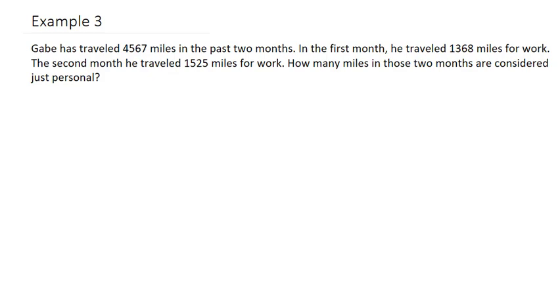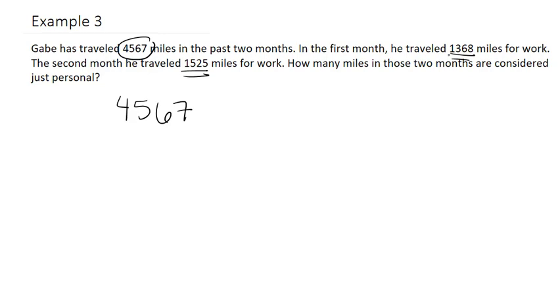So for this problem, let's set it up. We have the total miles, and then we need to subtract the next 2 miles because both were for work, and we're trying to figure out what was just personal. So here we have 4,567.